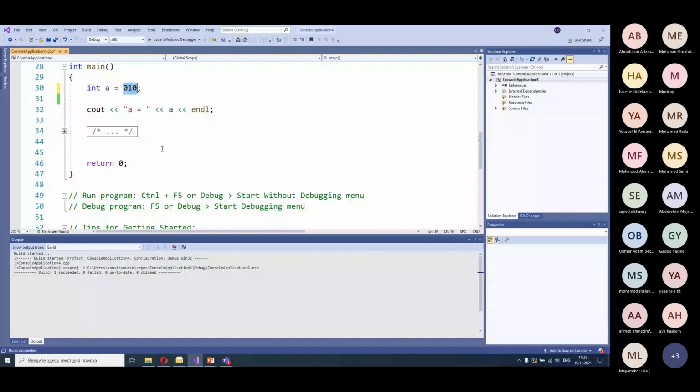A guess? 8. We see 8. Let's check. Yes, we see a equals 8.